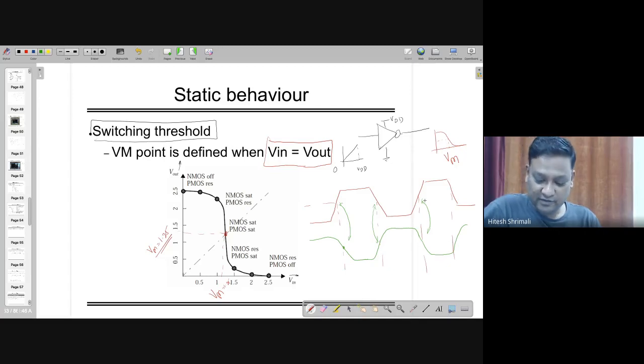How to do that, all these things we'll study in the design part. But right now, this is the definition. Switching threshold is the point when Vin and Vout become equal, and we are going to call that point the VM point, when it makes the changing of the state.